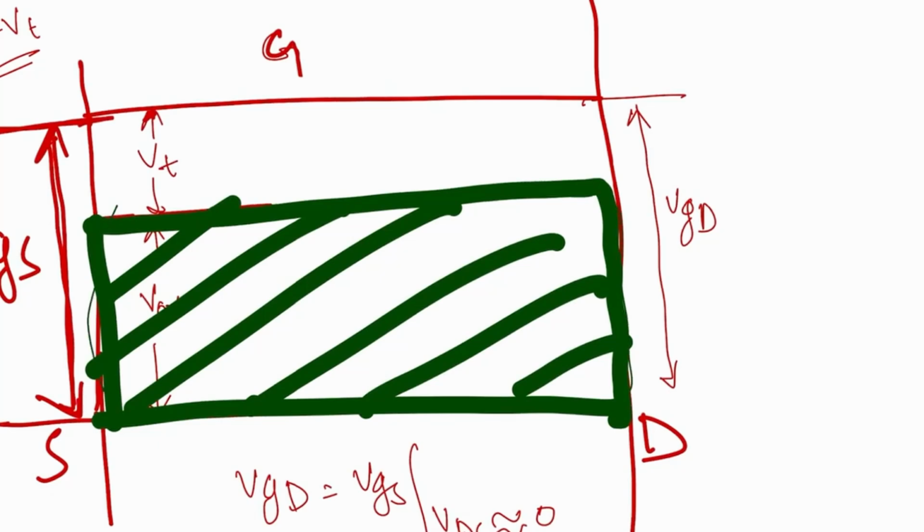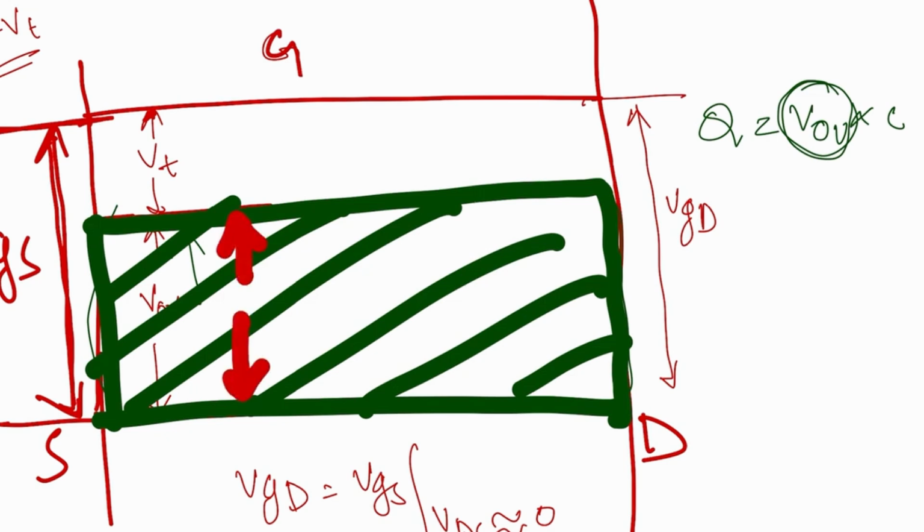That's why in the charge formula we put VOV into the capacitor. The VOV is the whole voltage across the whole channel.